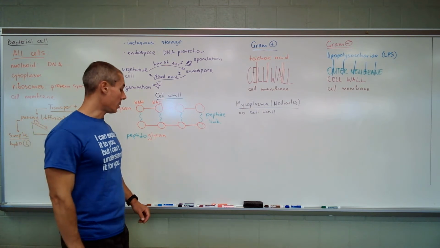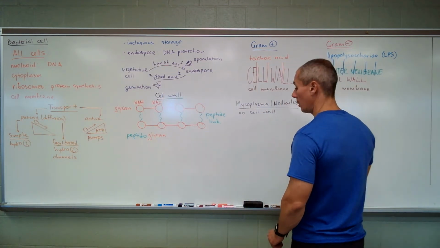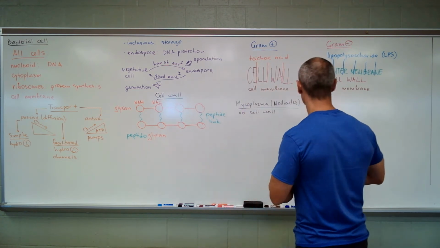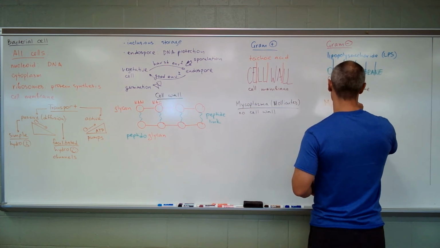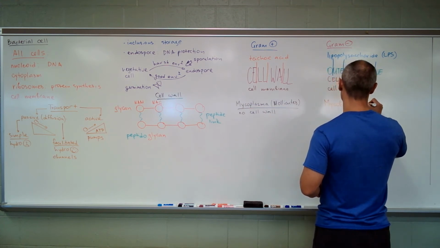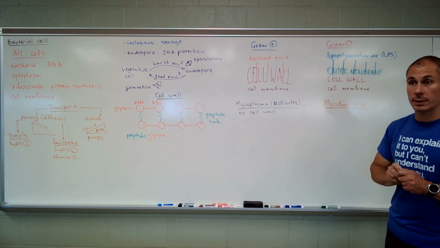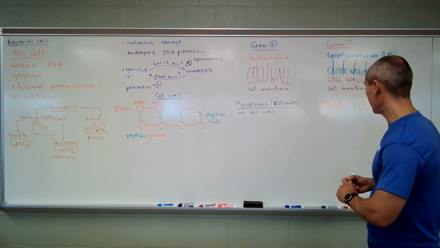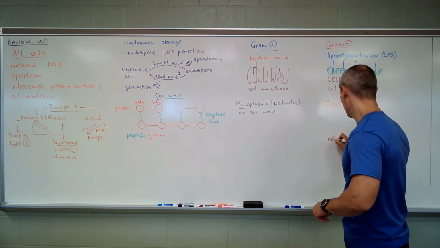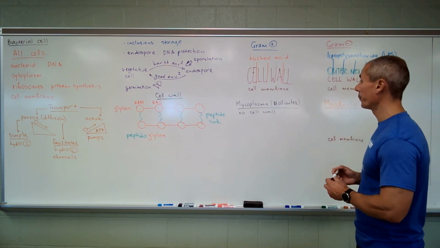Okay, and then, I'm not trying to make it confusing, believe me, but then there is a group of bacteria called mycobacteria. You definitely know one of the diseases that is caused by mycobacteria. It's tuberculosis, Mycobacterium tuberculosis. So mycobacteria, look, they look like this. Of course they have a cell membrane, right?